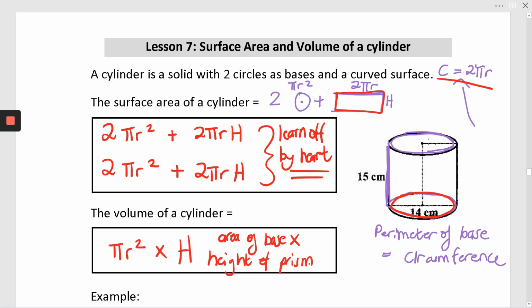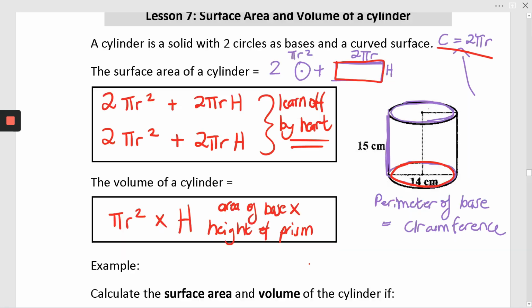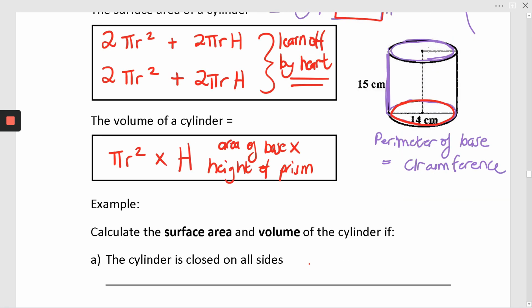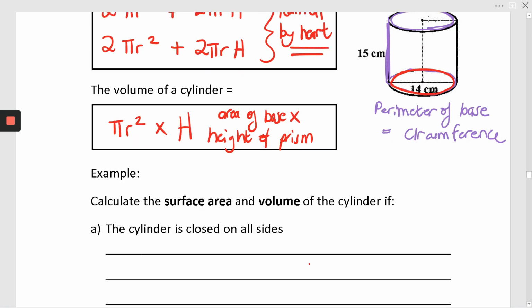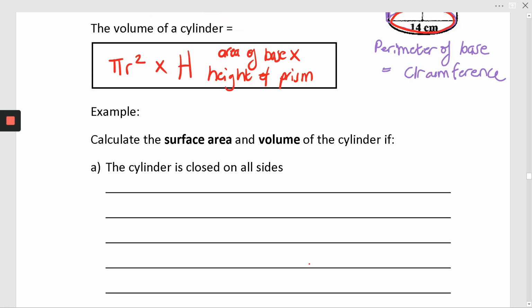Okay, let's look at calculating this surface area and volume of the example on the side there. First of all, we're going to calculate it where the cylinder is closed on all sides. Okay, my surface area equals 2 circles, 2 pi r squared, or 2 times the area of the base, plus my 2 pi r h.